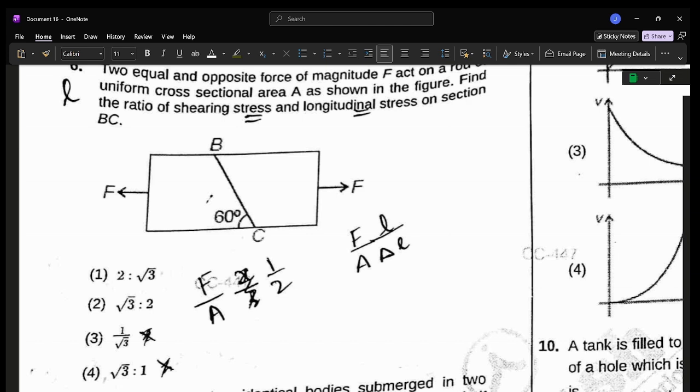Do I have to remember cot theta for every single kind of question like this? Would this be the only thing that is asked with respect to an inclined plane? Because let me be honest, I do not know the basics and foundation of what to do when they're asking it for an incline. So I really want you to help me with that.